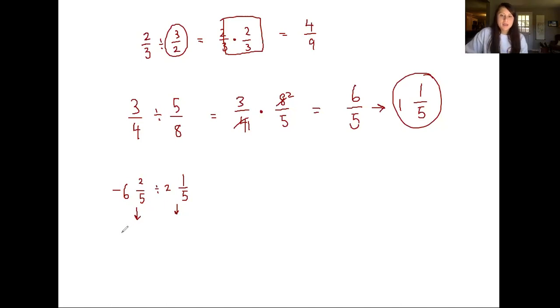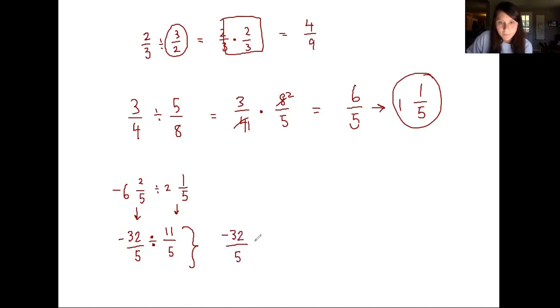So I'm going to make this -32/5 divided by still 11/5. Now I can multiply the inverse. So now I would have -32/5 times 5/11.